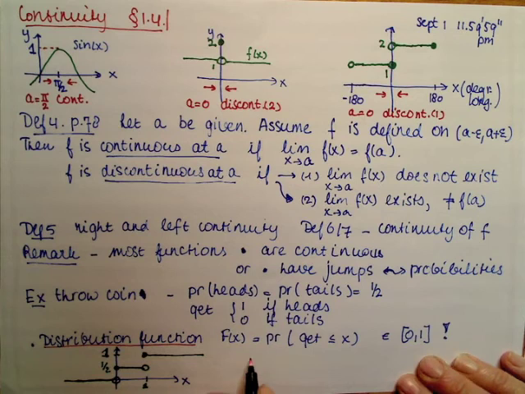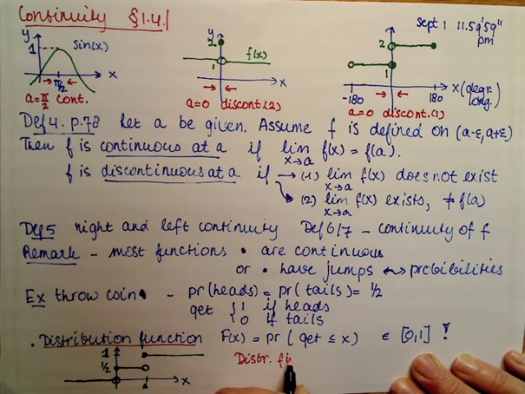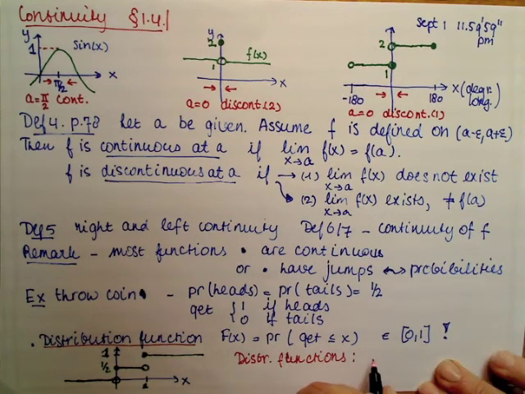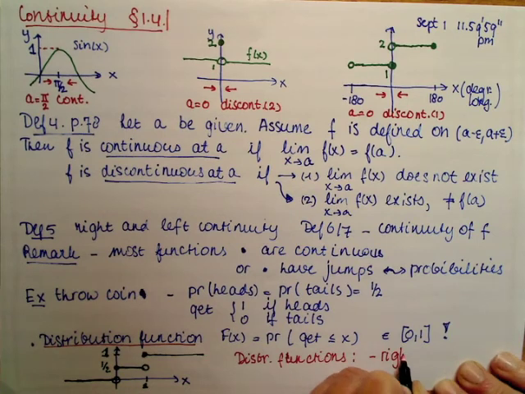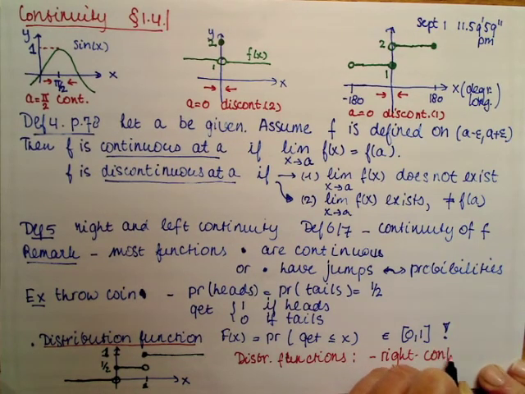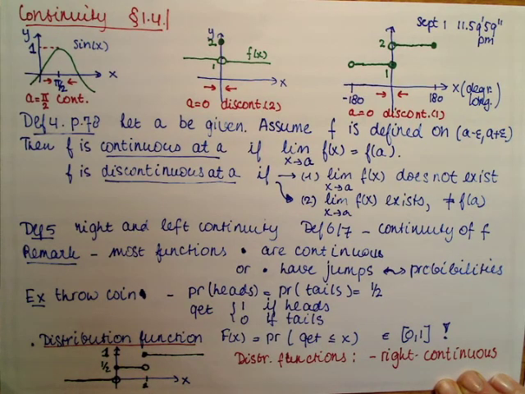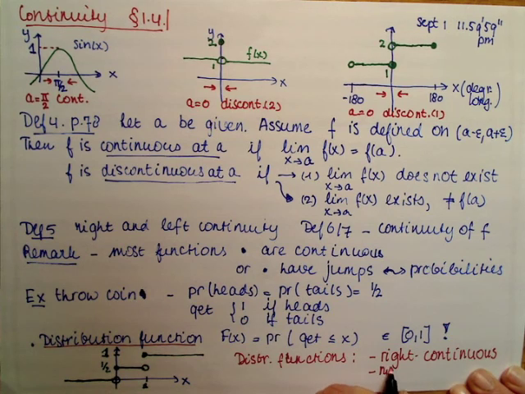Distribution functions are right continuous. And what you also see, because you compute probabilities that you get less or equal to x, is that it must be increasing. This probability increases as you increase x. In fact, it would be more precise to say that it does not decrease.